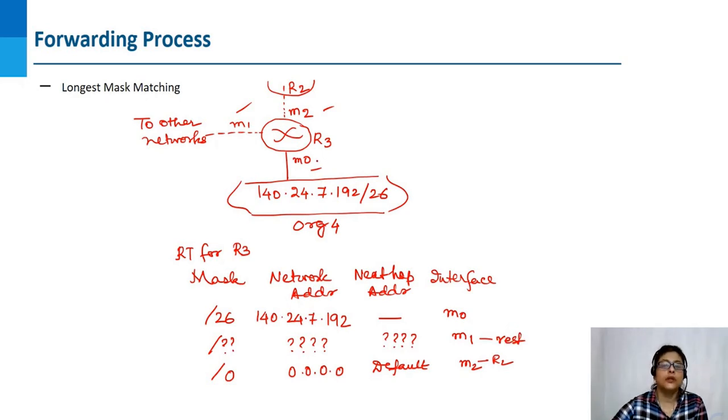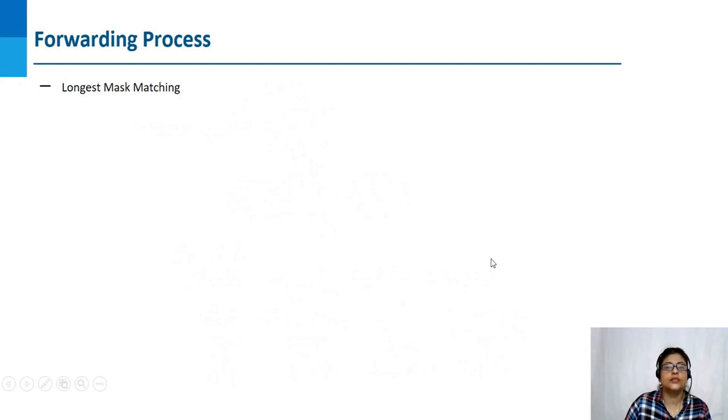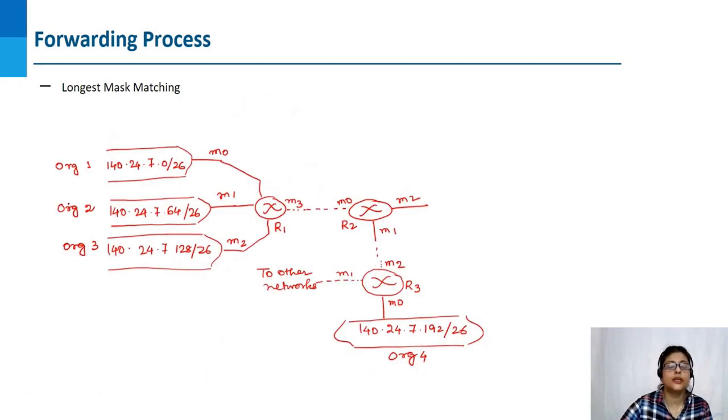With the help of interface M0, it can get connected to this network and finally to organization 4. So this is the total figure. We can see here that these 3 organizations 1, 2, 3 are aggregated. So this is known as aggregation. Whereas organization 4 is far away.